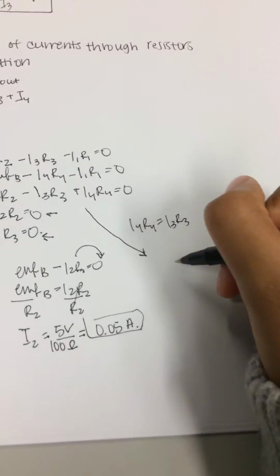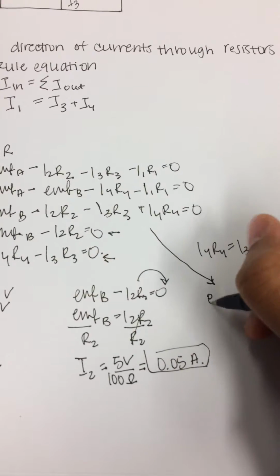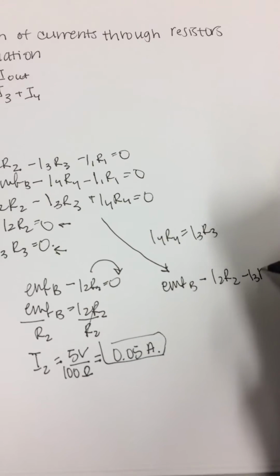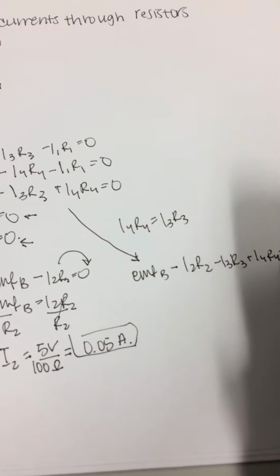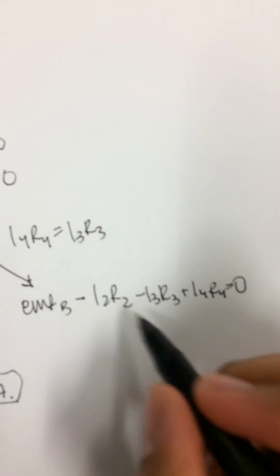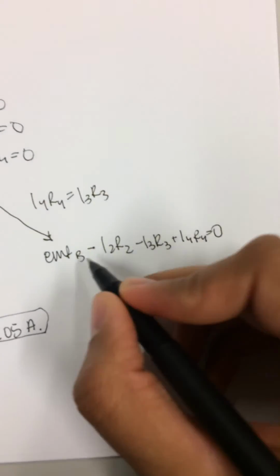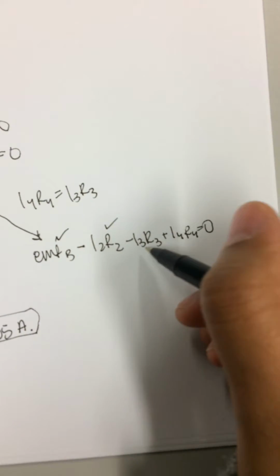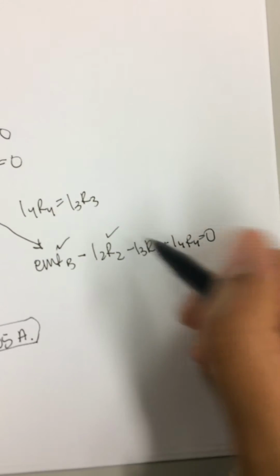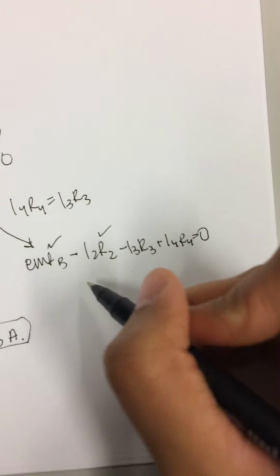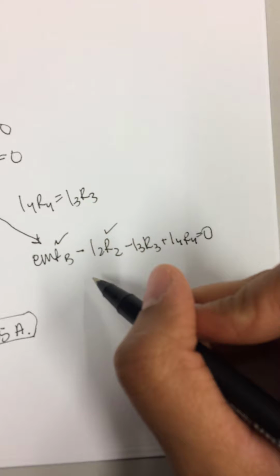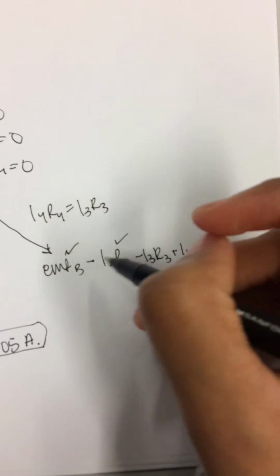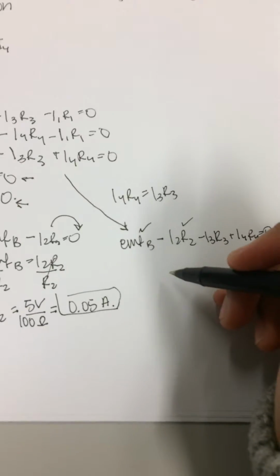EMF B minus I2R2 minus I3R3 plus I4R4 equals 0. So using that, you can plug in what you know and solve. Actually, just kidding. That would still give us the values that we already know. So let's try and pick another one to use.